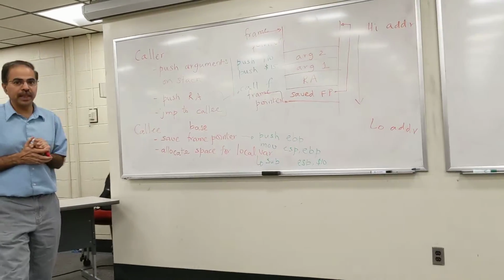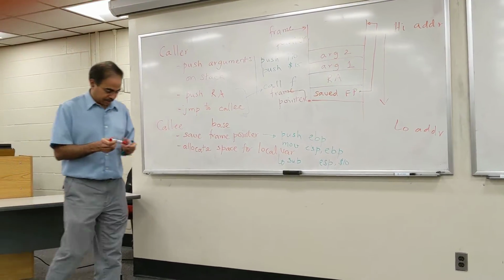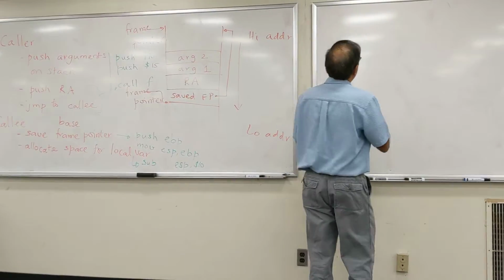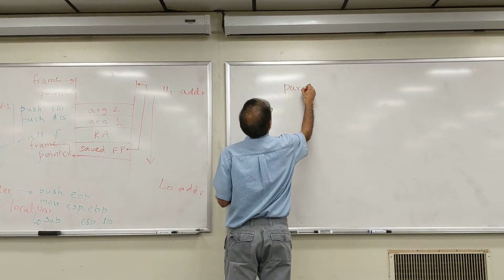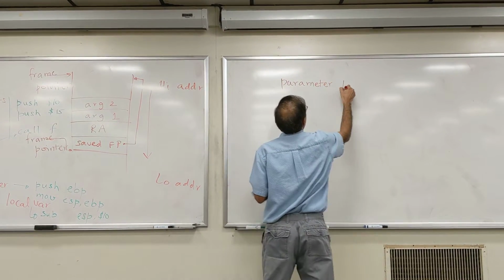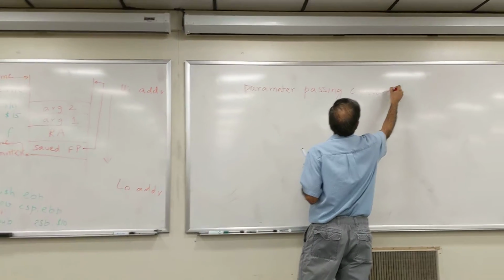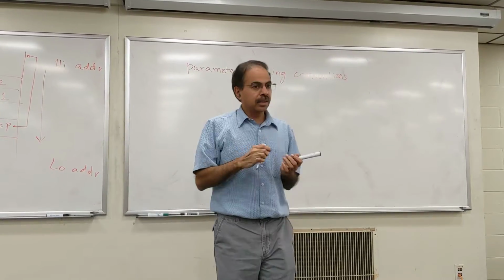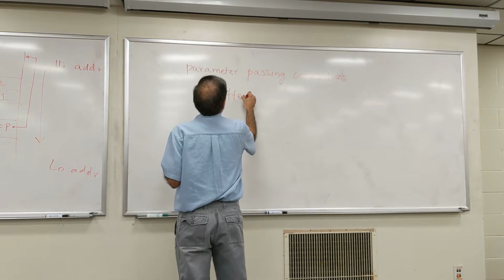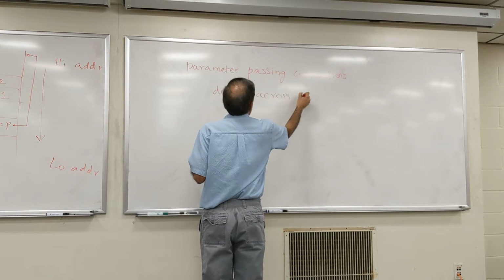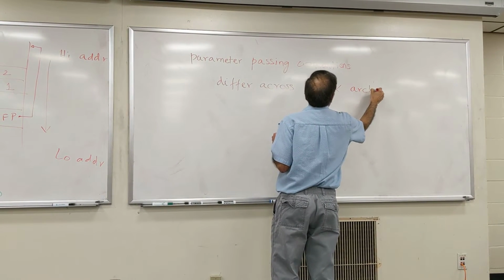On the 32-bit Intel architecture, these stack and parameter passing conventions differ across operating systems and architectures.